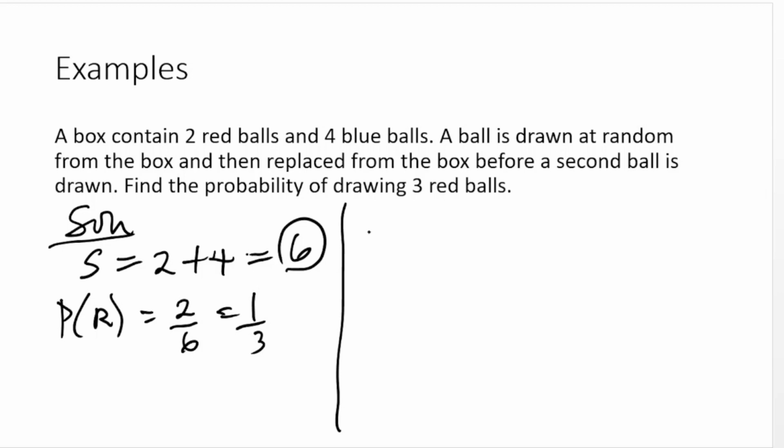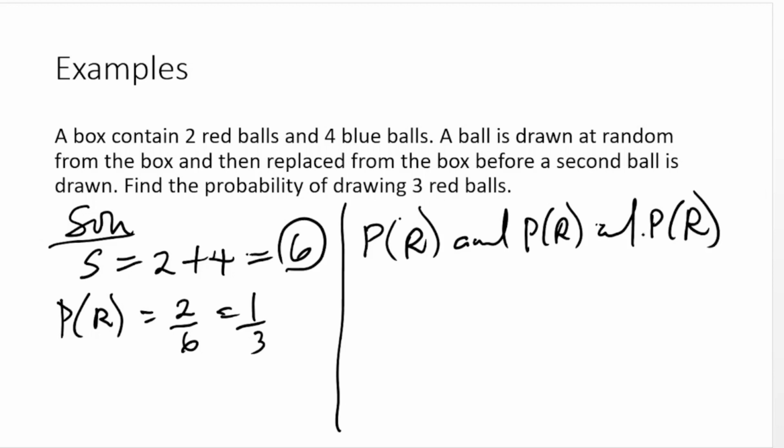So in that case, the probability of picking 3 red is the probability of red and red and red. That means 1 over 3 times 1 over 3 times 1 over 3. So this is independent.